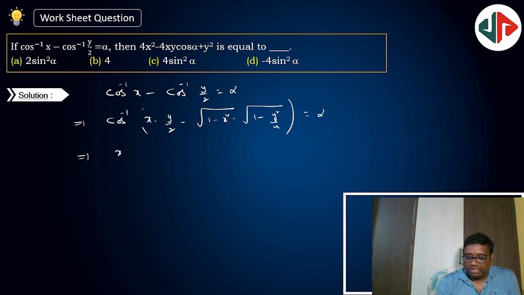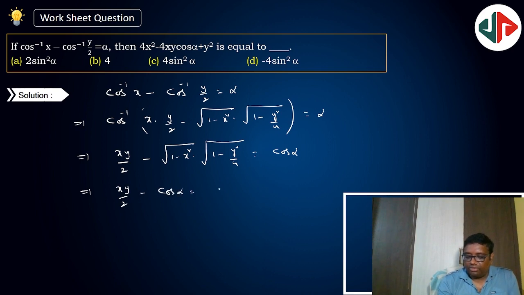So we can read it as xy by 2 minus under the root of 1 minus x square into under the root of 1 minus y square by 4 is equal to cos alpha. We can read it as xy by 2 minus cos alpha is equal to under the root of 1 minus x square into under the root of 1 minus y square by 4.